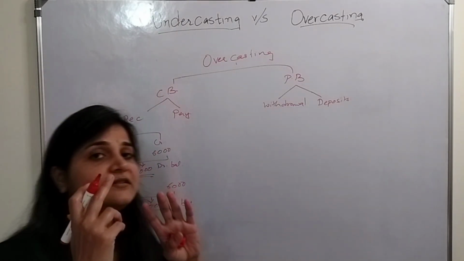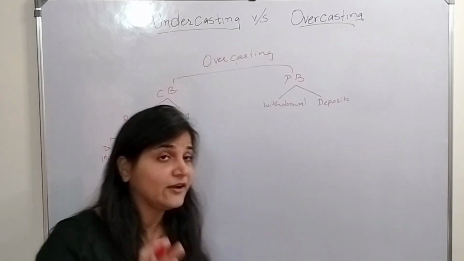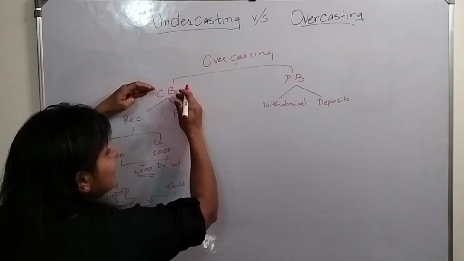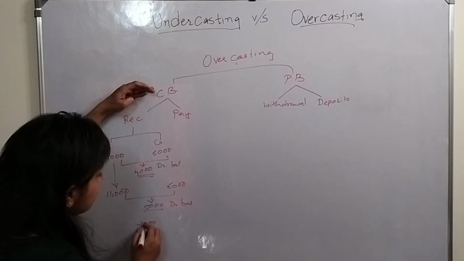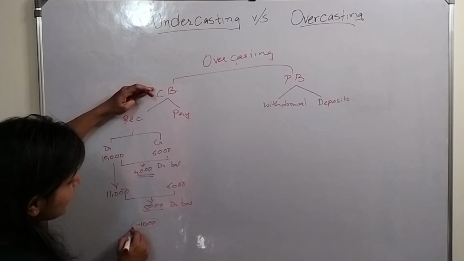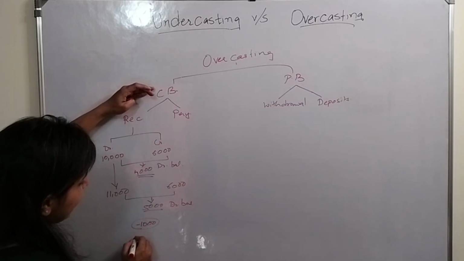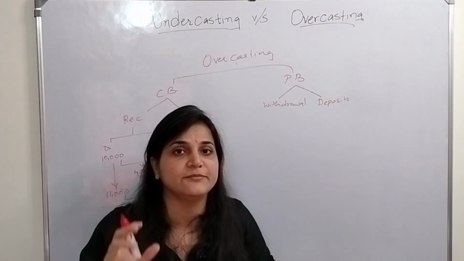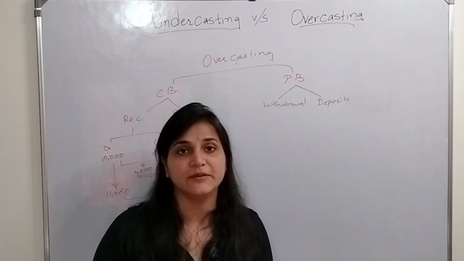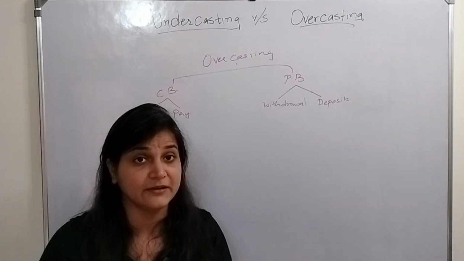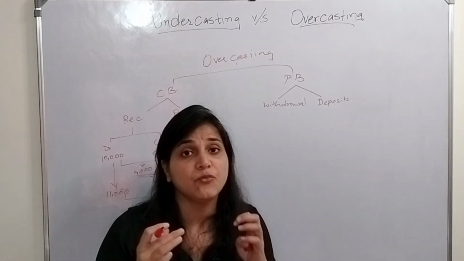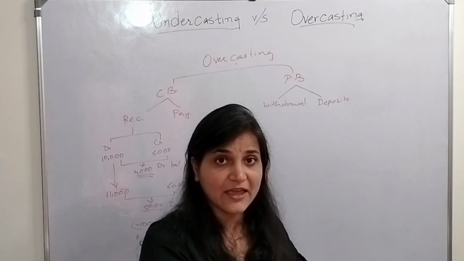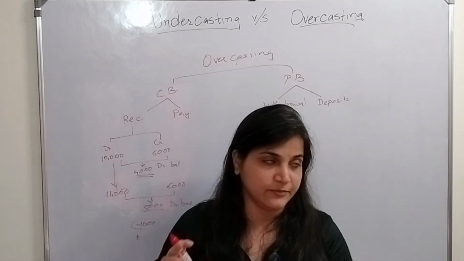But if the passbook balance has been given and my cash book receipt side is overcasted by 1,000, then instead of deducting it, I will add it. You need to understand what has been given: the cash book balance or the passbook balance, and in the statement, whether it is undercasting or overcasting on the receipt side of the cash book or the passbook, right?